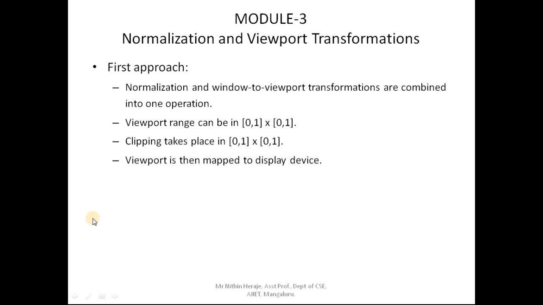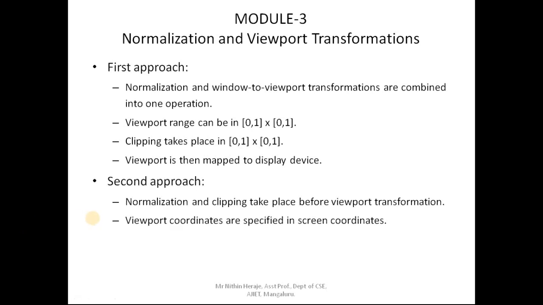In the second approach, normalization and clipping take place before viewport transformation. So here we have a separate operation for the transformation, that is first from the world window to the normalized window. From the normalized window we go for the viewport transformation.